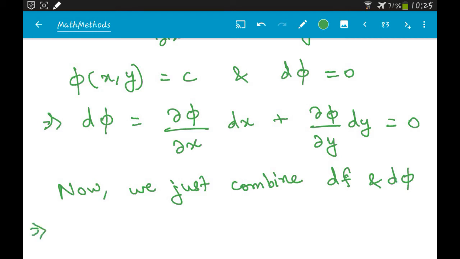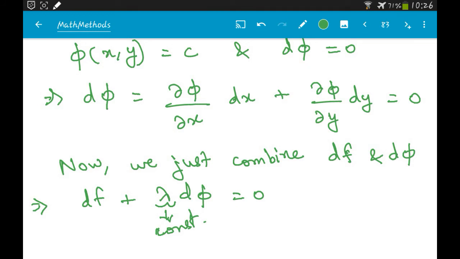We can combine them using some linear multiplication in terms of lambda. So we can do df plus lambda into d phi is 0, and lambda is a constant.